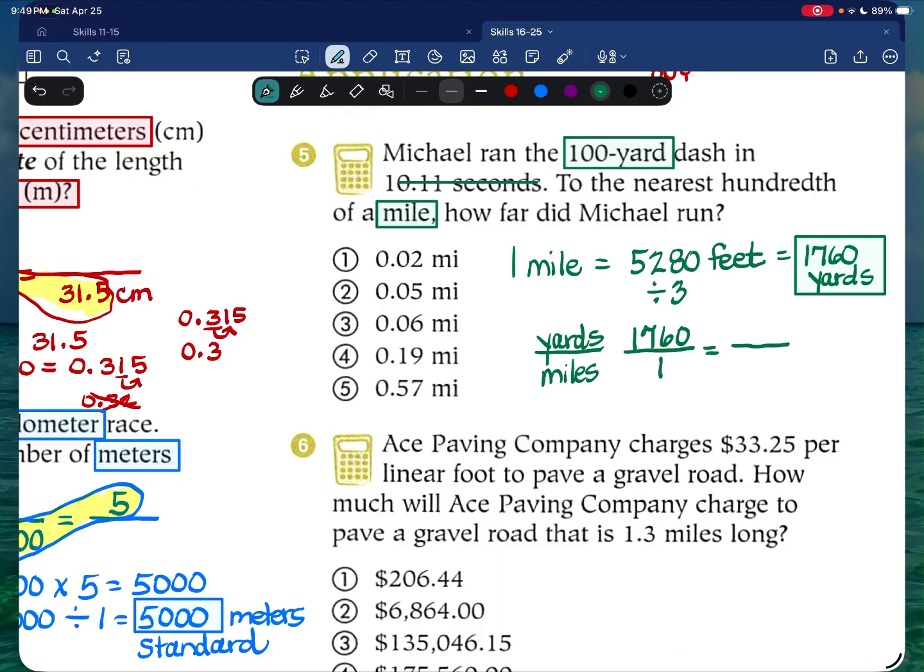And we know that Michael ran 100 yards. So if you multiply 100 times 1, you'll get 100. And then divide that by 1,760. I should not be making a number sentence like that because it's not really accurate, but it helps me stay organized.